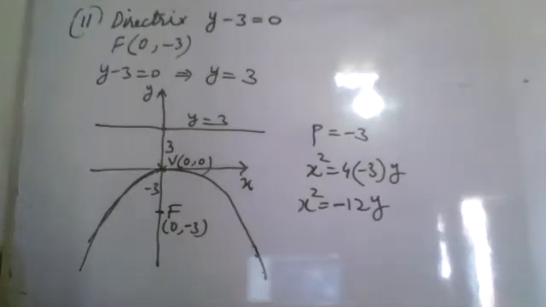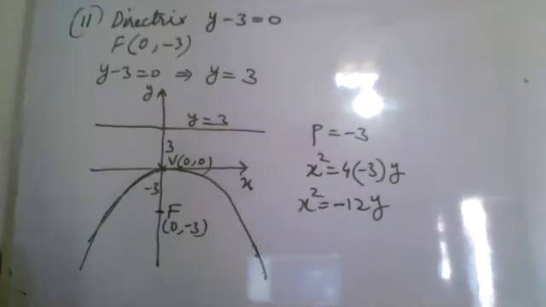Another question, question number 13. Vertex at the origin, axis along the x-axis, passing through the point (-2, -4).